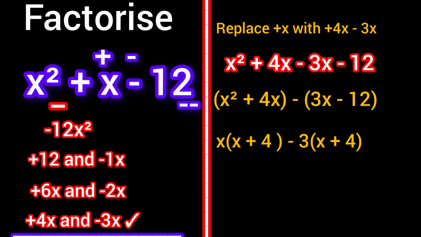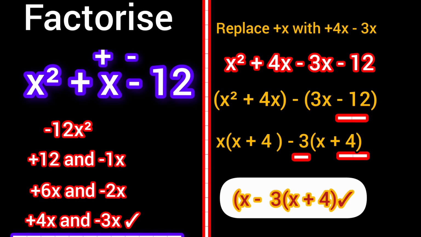Then we now have s. How do we get the plus 4? That is minus 12 divided by minus 3. Then we now have plus 4. Then we pick s minus 3 and we pick s plus 4. And that is the factorization of s squared plus s minus 12. Thank you.